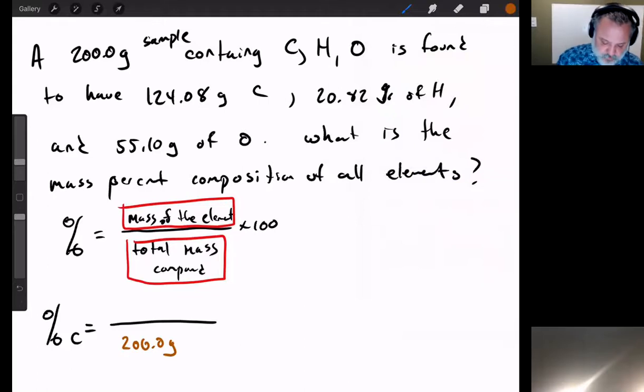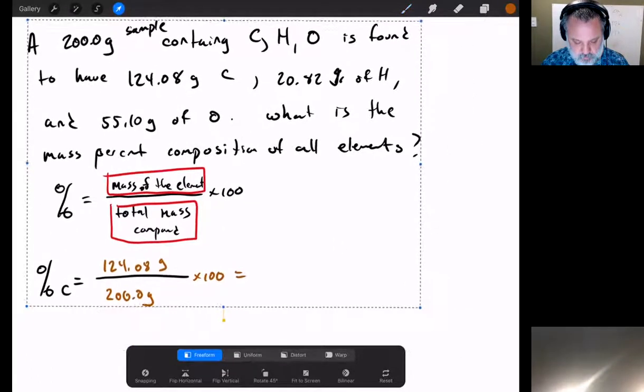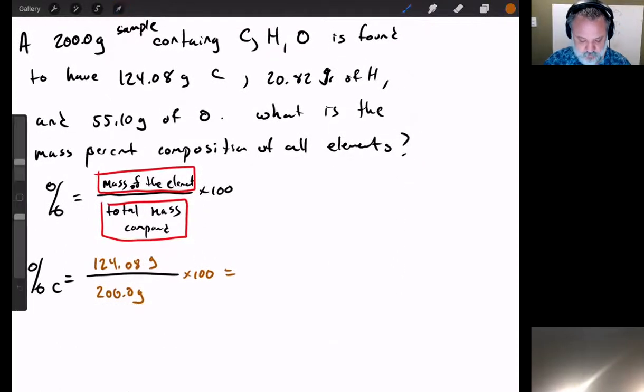Yeah, it's given to you. 124.08 grams. So in this case, it's actually easier because you're just looking at the numbers that you're given and putting them in the calculation. So 124.08 over 200, what do you get? 62.04%.